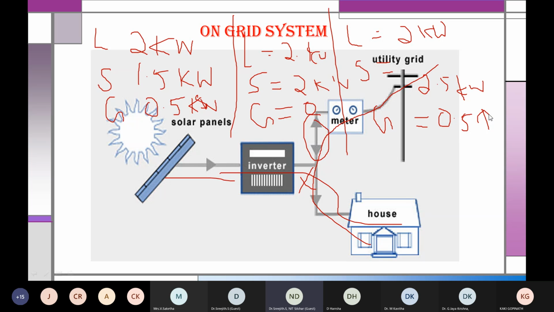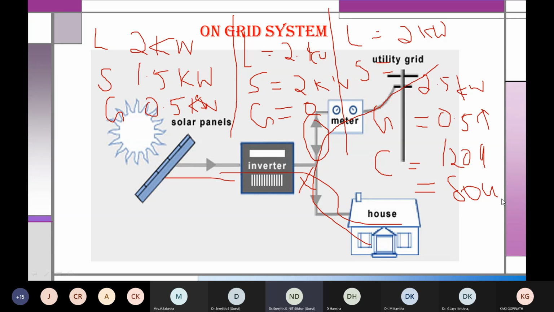Assuming that at the end of the month he has consumed 120 units, just as an example, and by using the excess power which is sent back to the grid, he has given back 80 units to the grid.